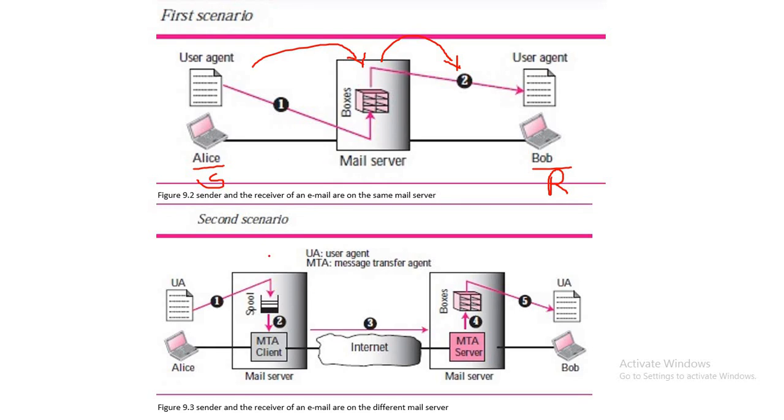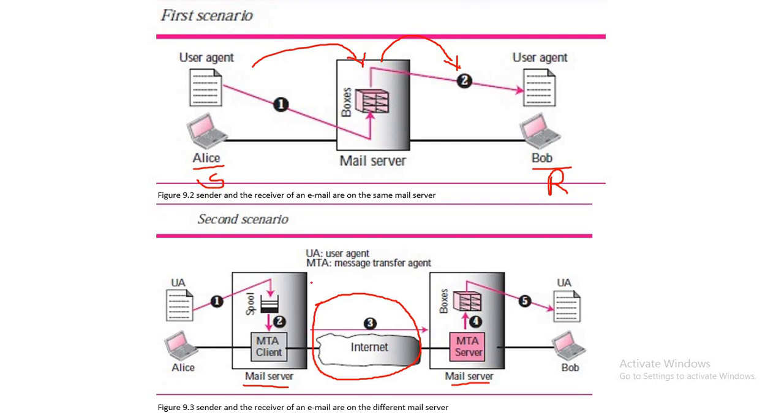If you look at the second scenario, in that case there is a use of internet. Get it? On both sides there is a mail server, the mail server of the sending party and the mail server of the receiving party. So right now we are including the internet for the communication.